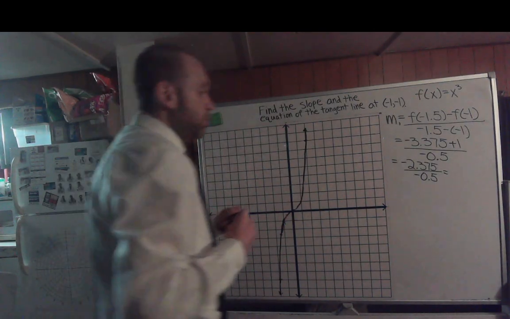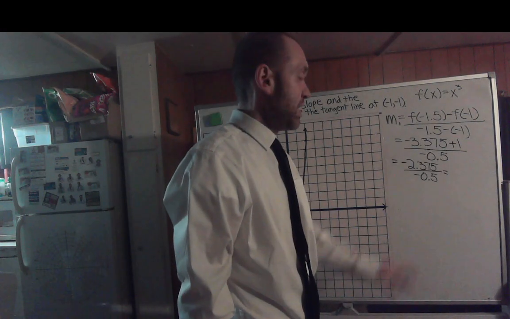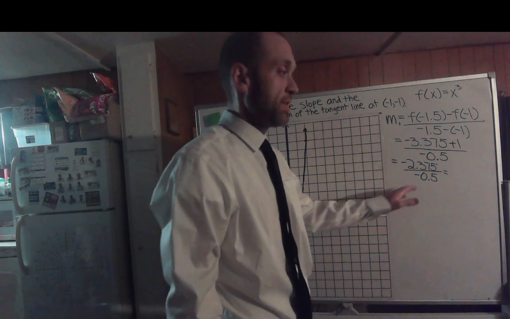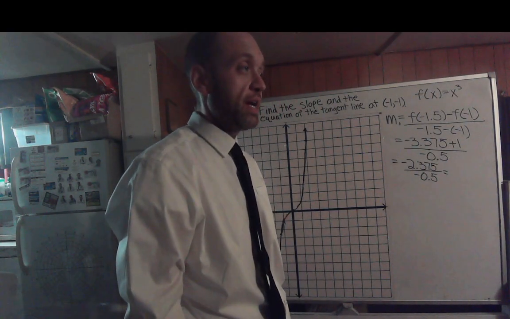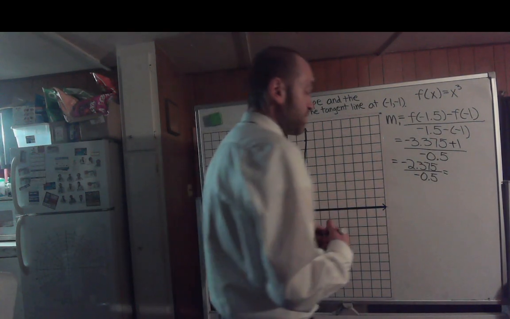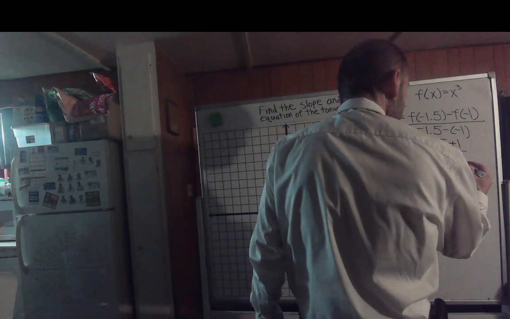Well, what is 0.375 as a decimal? That actually turns out to be 3/8. So you would get -2 3/8. Well, the negatives are going to cancel out for sure. You get 2 3/8, which would be 19/8.